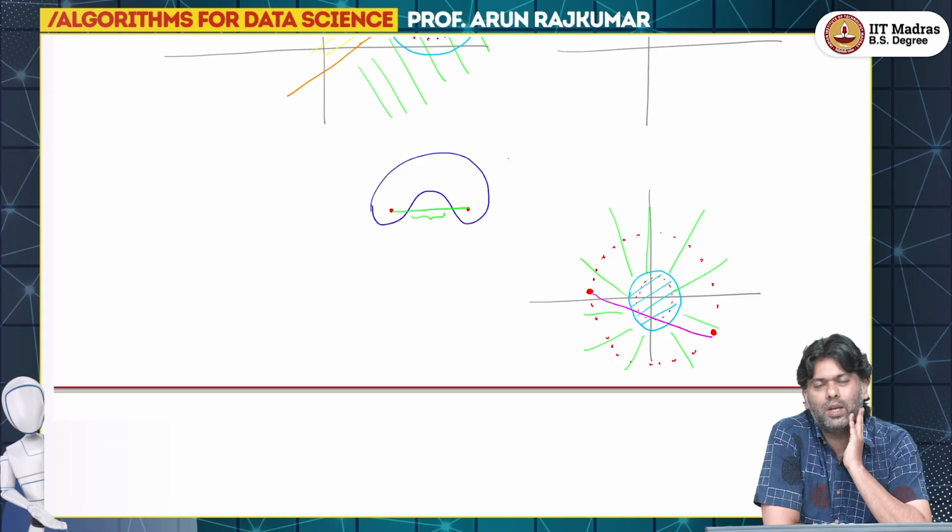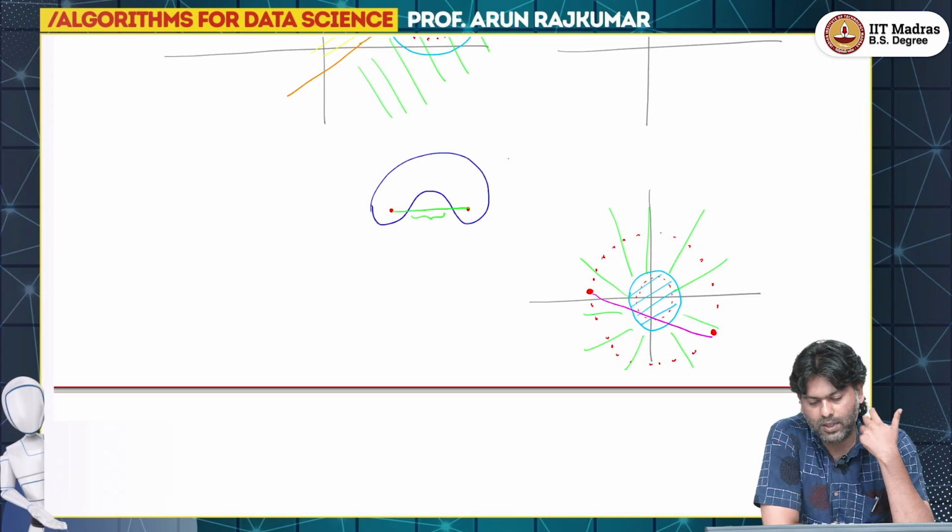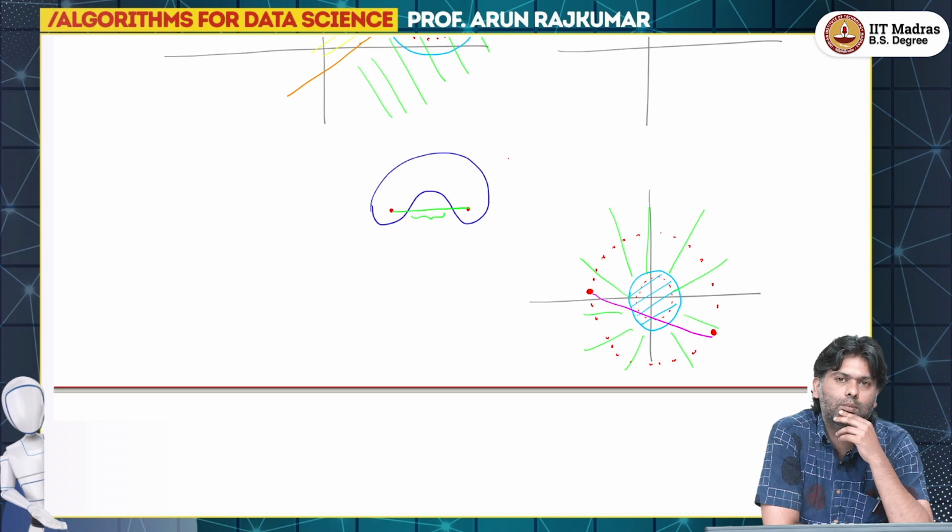Now, the question is, what can we do about this? Well, there are several ways to fix this. There are several clustering algorithms that are extensions of K-means that fix this.